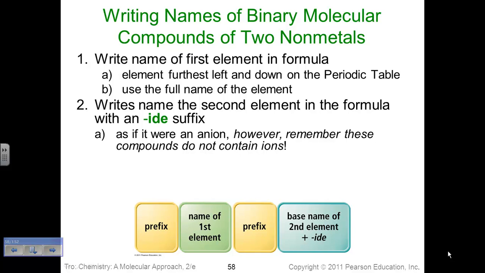The name of the second element in our formula will end with an IDE suffix, just as with binary ionics, how the last name ended with "ide." So we simply say the first element as written on the chart, but the name of the second element will end in "ide." Remember, these do not contain ions.